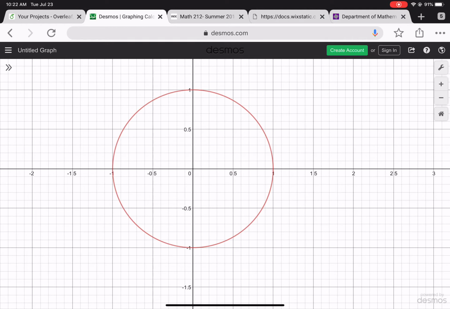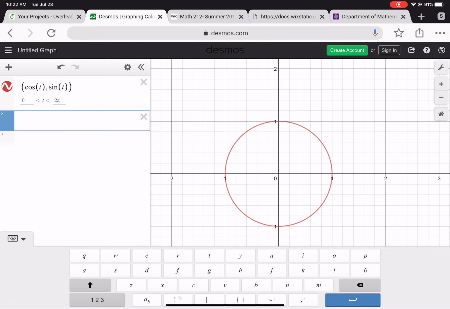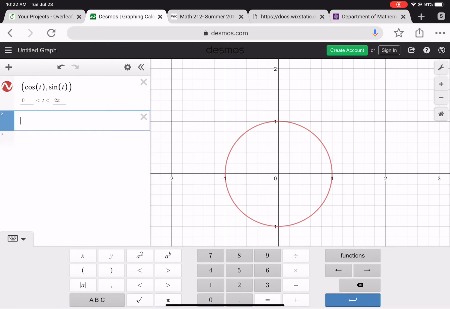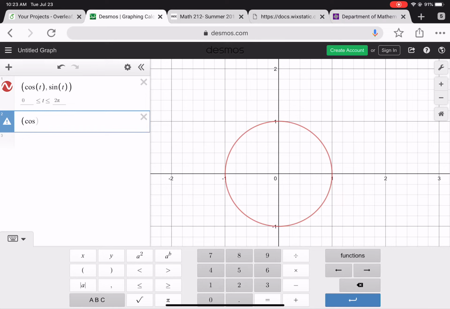You can redefine this. T is a parameter, and I'm going to redefine the same thing, but call it something different. So x is going to equal cosine, but instead of t, I'm going to call it s.